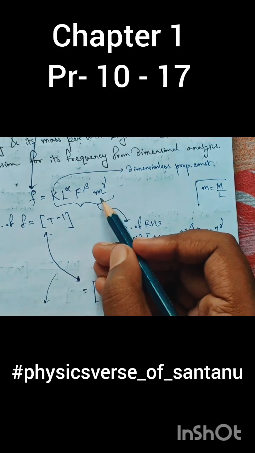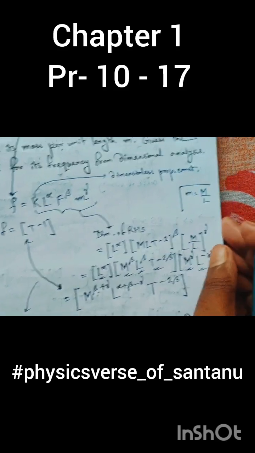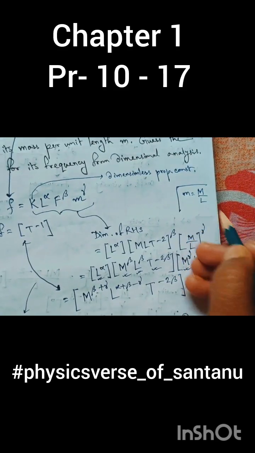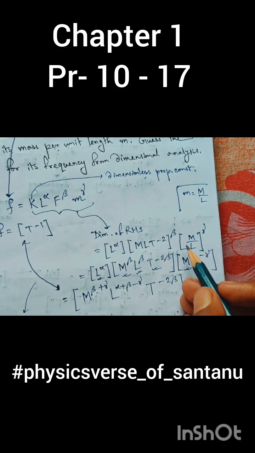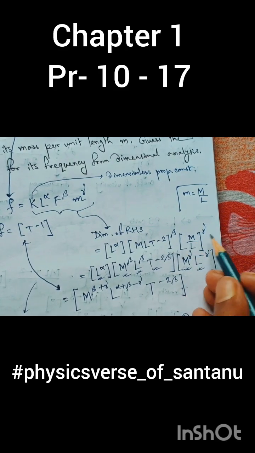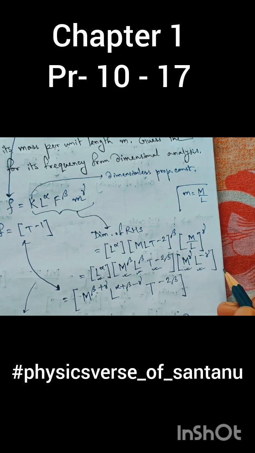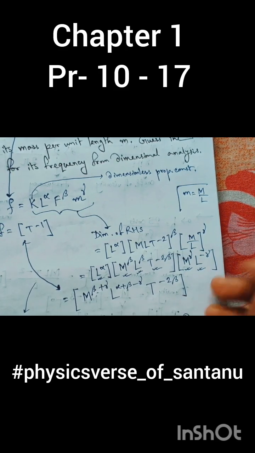And small m is the mass per unit length, that is small m is equal to capital M by L, and we put it here as M over L whole to the power gamma. Rearranging it, we get M to the power beta plus gamma, L to the power alpha plus beta minus gamma, and T to the power minus 2 beta.